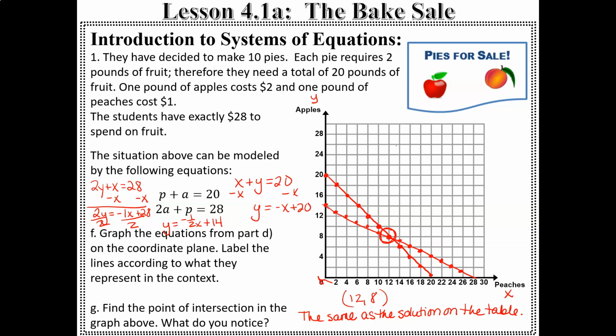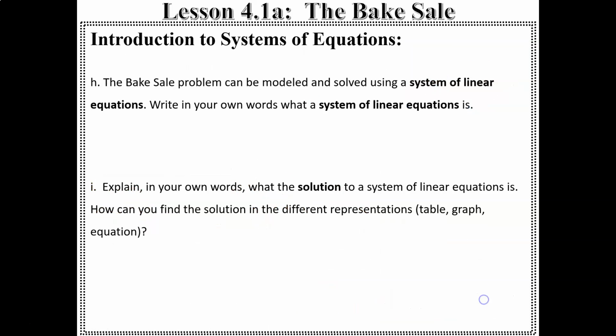So we are going to do 2 more, and that's it. That's all we're going to do in these notes. We're going to do H and I. The bake sale problem can be modeled using a system of linear equations. Write in your own words what a system of linear equations is. What is it?